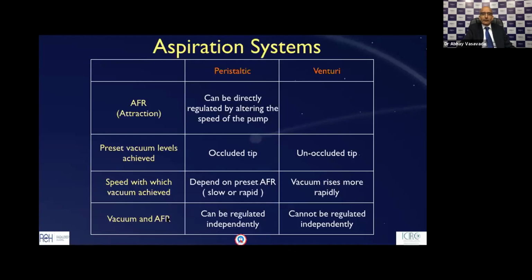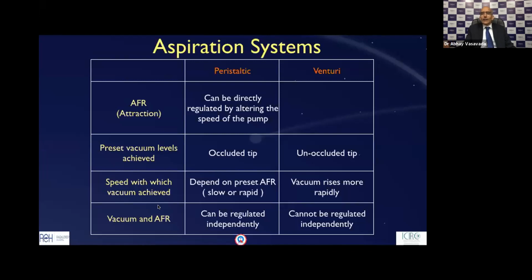But the real advantage of the peristaltic is that you can separate the attraction speed and then have the right vacuum. In other words, in a challenging situation, and Dr. Shail is going to speak on that, you can attract very slowly, as slow as 12 cc per minute, 16 cc per minute, or whatever is comfortable and necessary in that scenario, and then have the appropriate high vacuum.